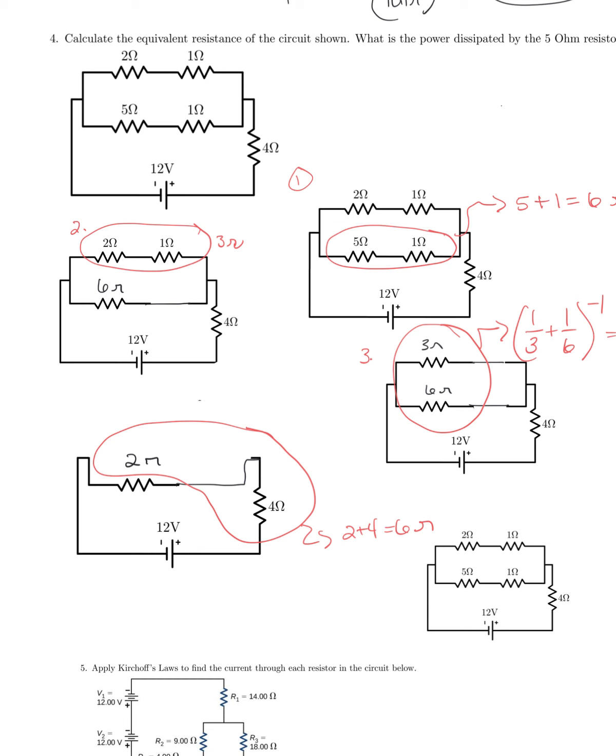And this time, you see we've gone from all of these down to one equivalent resistor, which is going to be just 6 ohms. Oops, it's not coming off.